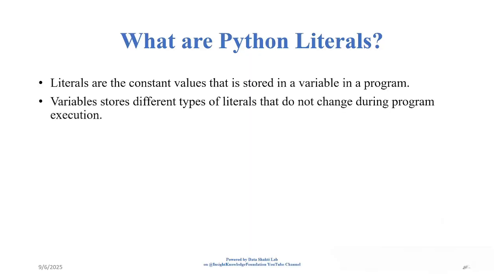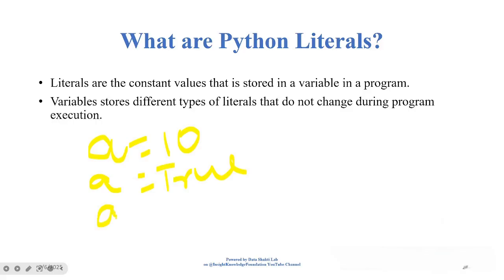So, before we dive in, I would like you to think about this. For that matter, I would like to use a highlighter pen. Let me use it first. So, let's suppose whenever we write a equals to 10 or a equals to true or a equals to let's say hello using Python programming language.